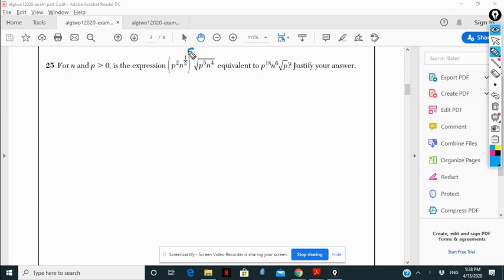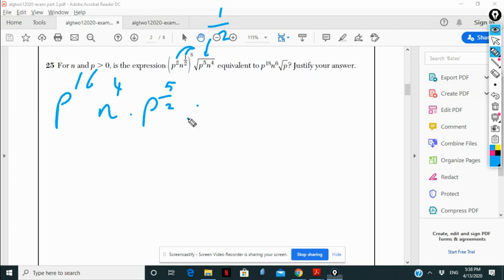I know that the exponent will be distributed on multiplication, so b to the power 16 times n to the power 4. What I did, I multiplied 8 by 2, giving me 16, and 8 times half, giving me 4. That's multiplying by the square root, so it's half: b to the power 5 over 2, n to the power 4 over 2.